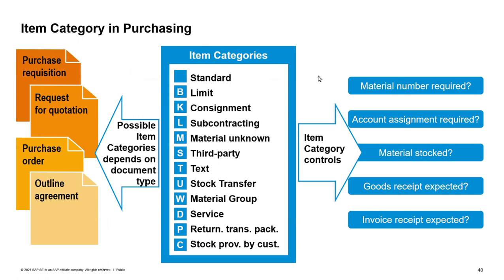And the system doesn't know it until you say that this product I'm going to buy with item category standard. Standard means I buy it from Tesco or Walmart, or if you're a big corporation, just an external business partner. Or maybe I have it, but in a different location, then I use stock transfer.